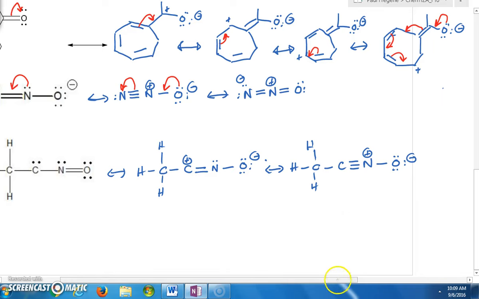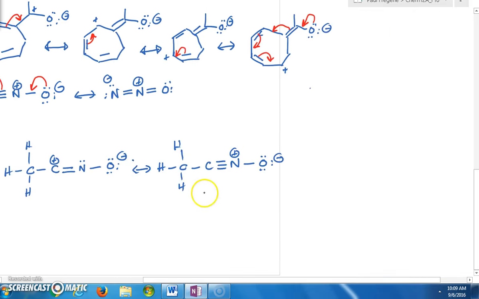And so that one you can easily go one step further, and we get the hydrogen, the carbon connected to a double bond, but now this carbon bears a negative charge, and there's a positive charge, and this is now connected to the oxygen.